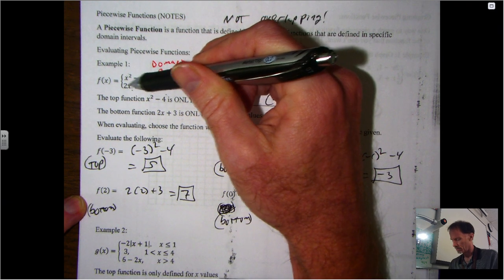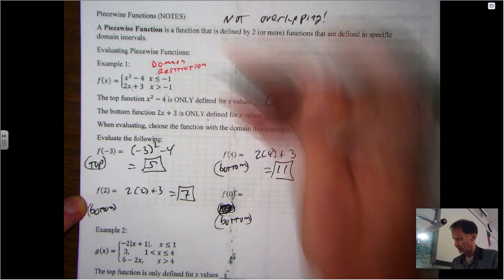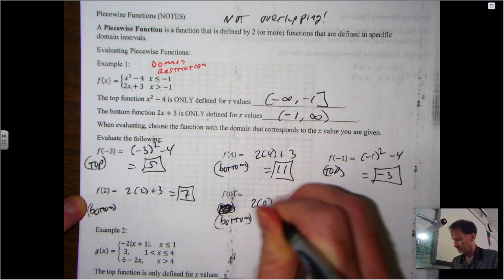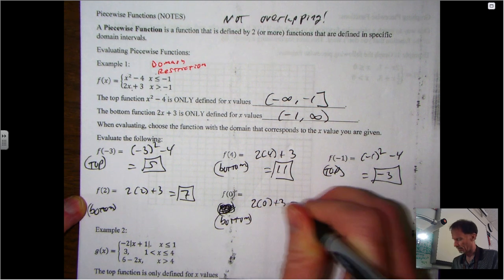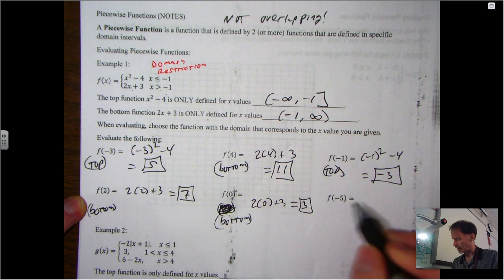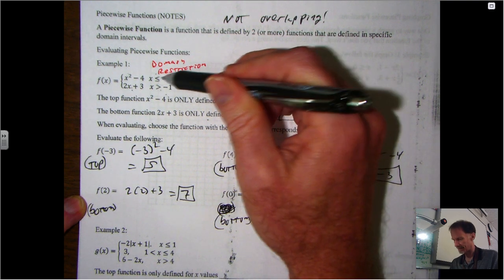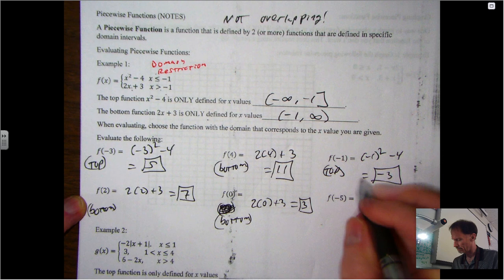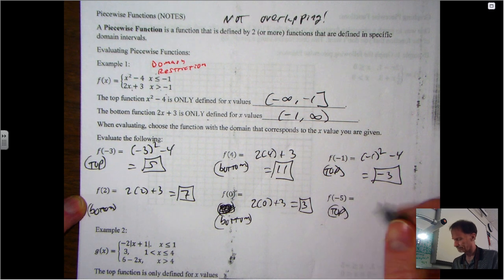So 0 times 2 plus 3 is equal to 3. And the last one, negative 5. Negative 5 is less than negative 1, so it'd be the top. You plug that in: negative 5 squared minus 4. That's 25 minus 4, so that's going to be 21.